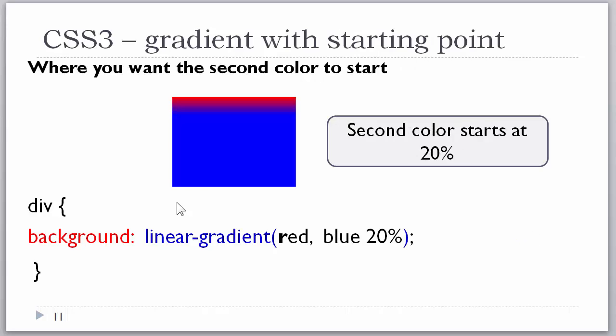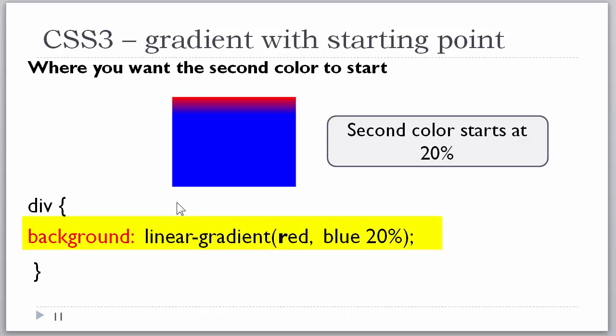Alright, now let's look at what are called starting points. Up to this point, we've only worked with two colors, and therefore they're distributed 50% each. However, you can distribute them to start at different points. So supposing we wanted our second color to start at 20%. Let's take a look at our syntax here.